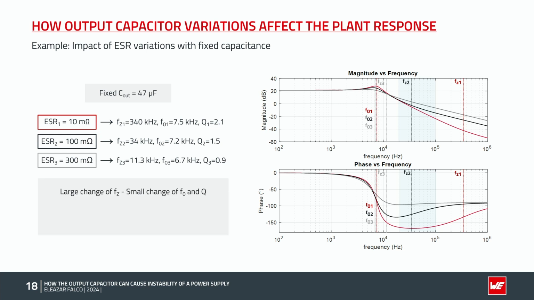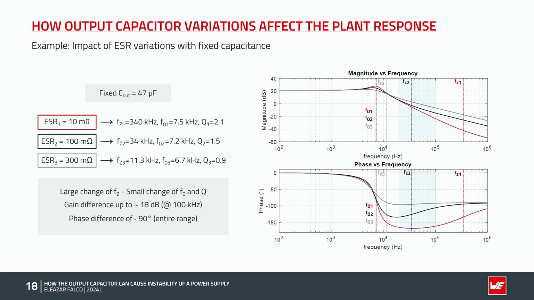So we have a large change in ESR0 position while a moderate change in the quality factor, which changes from 0.9 to around 2.1, and the double pole frequency, whose change is also negligible. The gain difference is up to 18 dB at 100 kilohertz, as we can see here, while it is negligible in the lower end of our frequency range of interest.